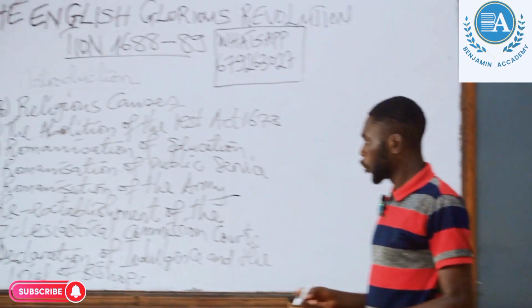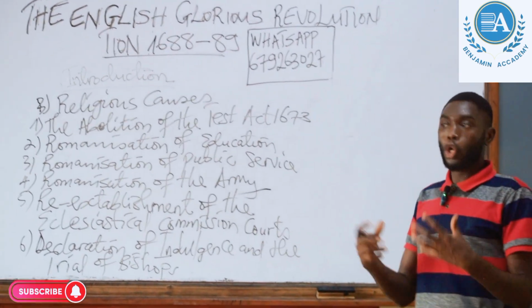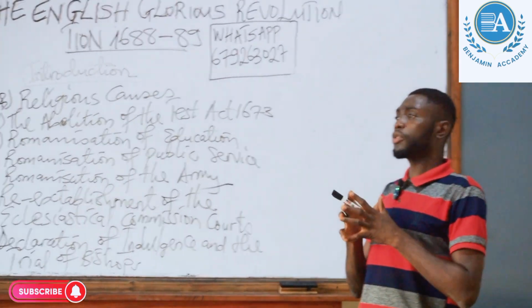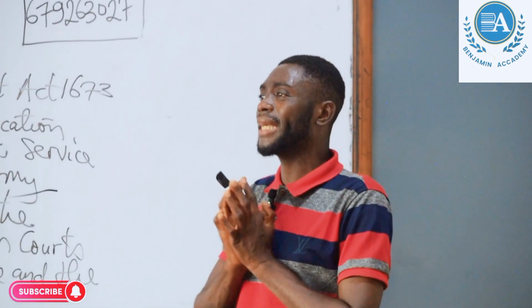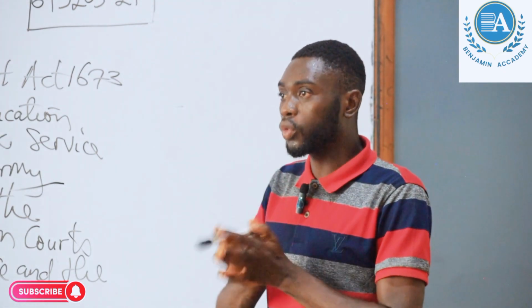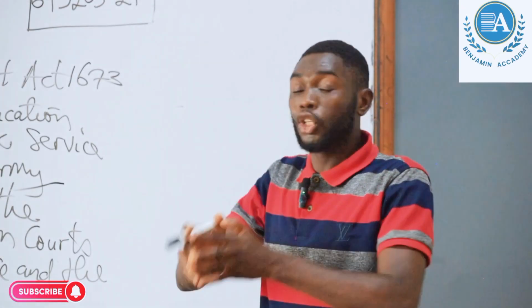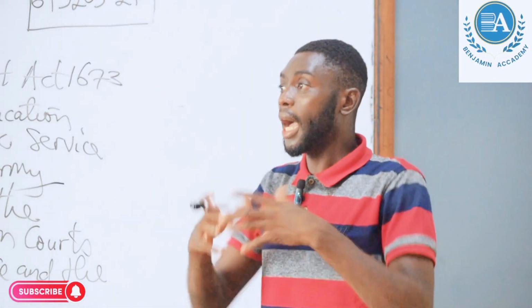Again, we talk about the Romanization of the army as another religious cause of this revolution. James went as far as Romanizing the British army. He made it very difficult for non-Catholics to be recruited into the army, and it was easier for Catholics to gain promotion in the British army.